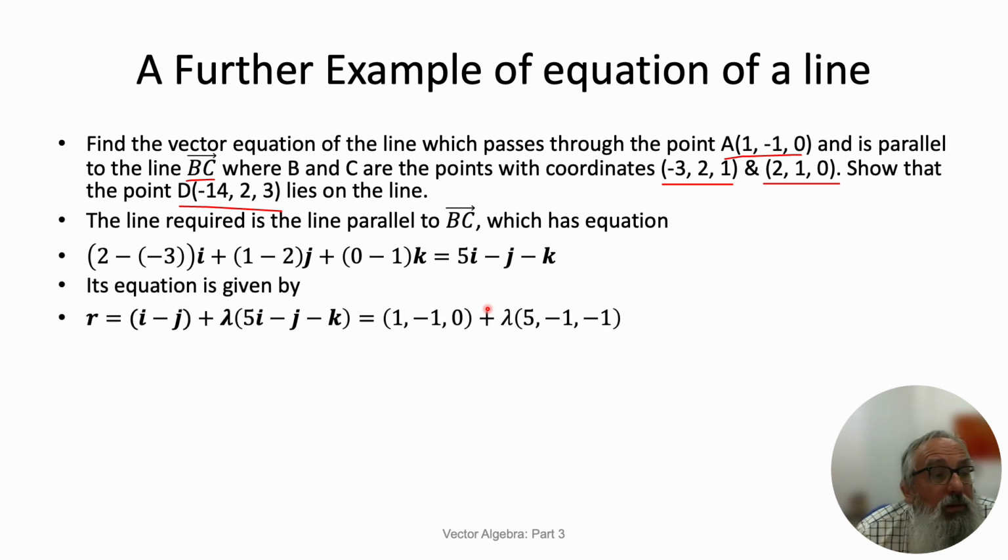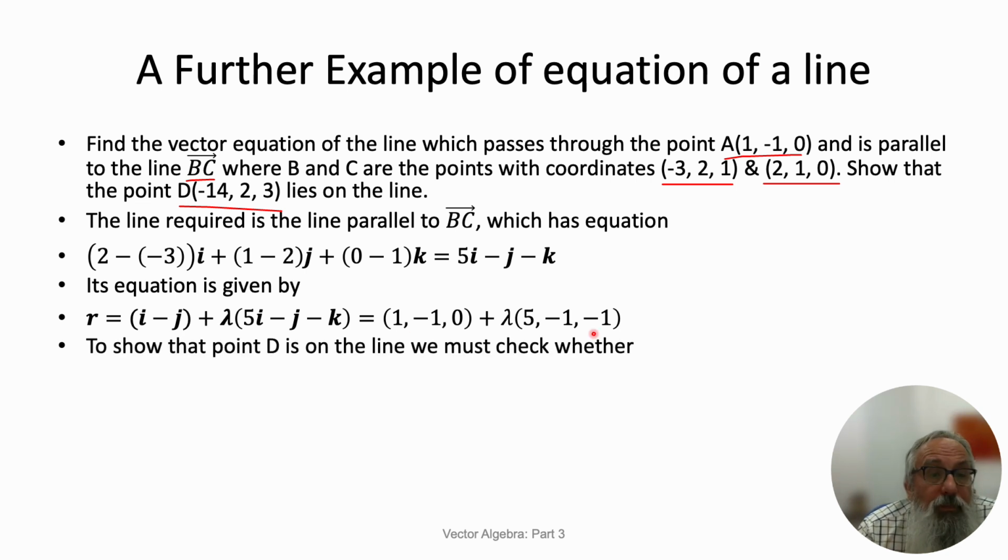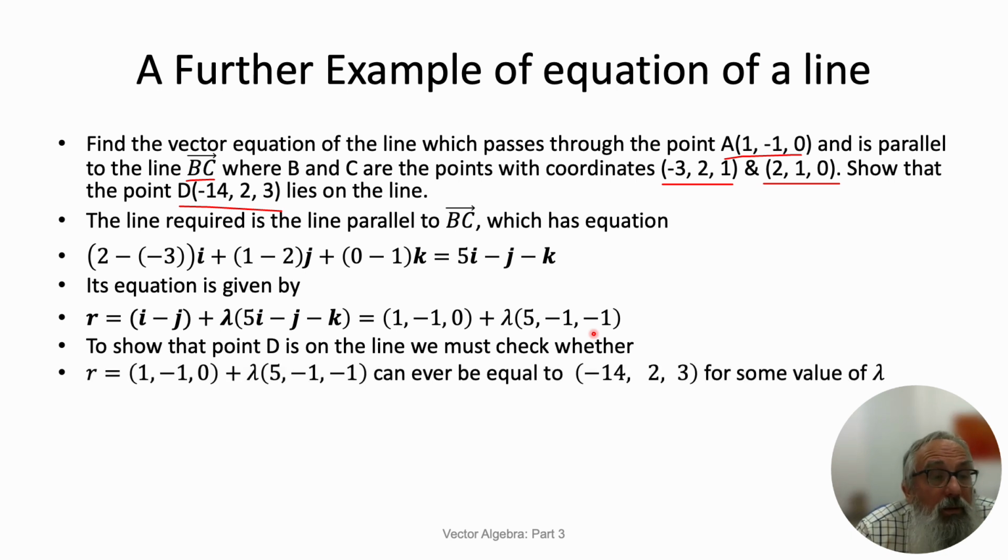So the equation is then written r equals the point A, which is (1, -1, 0), plus, and we're using lambda as the multiplier here, lambda times (5, -1, -1). To show that this point D is on the line, all we do is substitute in the values of the coordinates of D. So can it ever be equal to that for any value of lambda?